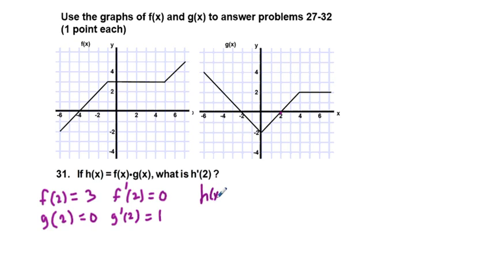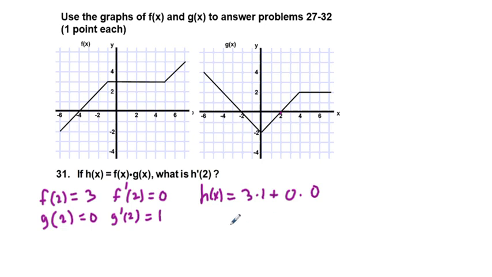h prime of x is going to be equal to f times g prime, so 3 times 1, plus g, which is 0, times f prime, which is also 0, I believe, right?